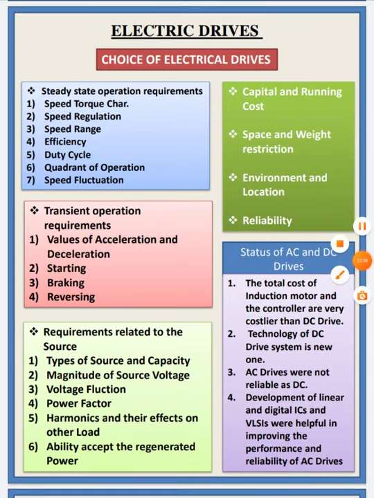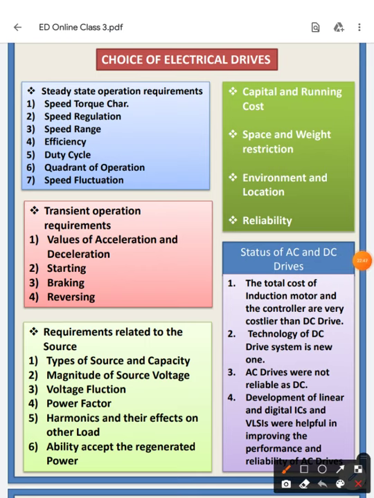The next part is how to choose electrical drives. Generally, different parameters should be considered during the choosing of an electrical drive. The first one is steady state operation requirement. We need to realize the mode of operation, whether a steady state operation is happening in the drive system or a transient operation.